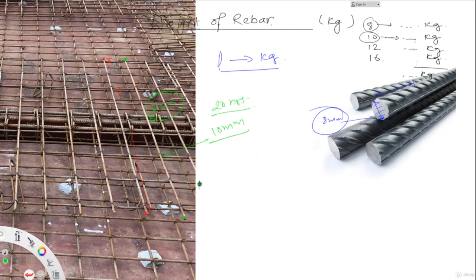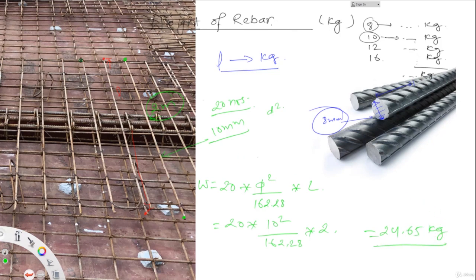Now weight will be equal to number of bars, that is 20, times D square, the diameter square, divided by 162.28 times length. So this is equal to 20 times 10 square divided by 162.28 times the length of 1 bar, that is 2 meters, and this is equal to 24.65 kg.